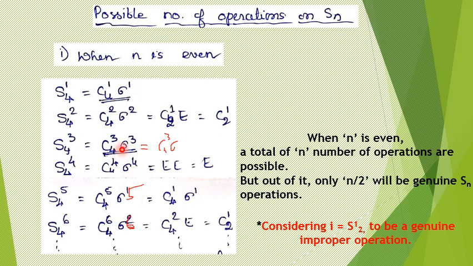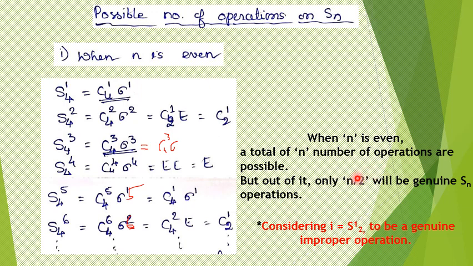Now, if I have to conclude, out of these n operations, only n by 2 will be genuine Sn operations. That's what we see here: it's an S4 axis, but only 2 are genuine improper operations. So the ultimate conclusion is this: when n is even, we can perform n operations on that axis in total, but only n by 2 will be genuine improper.